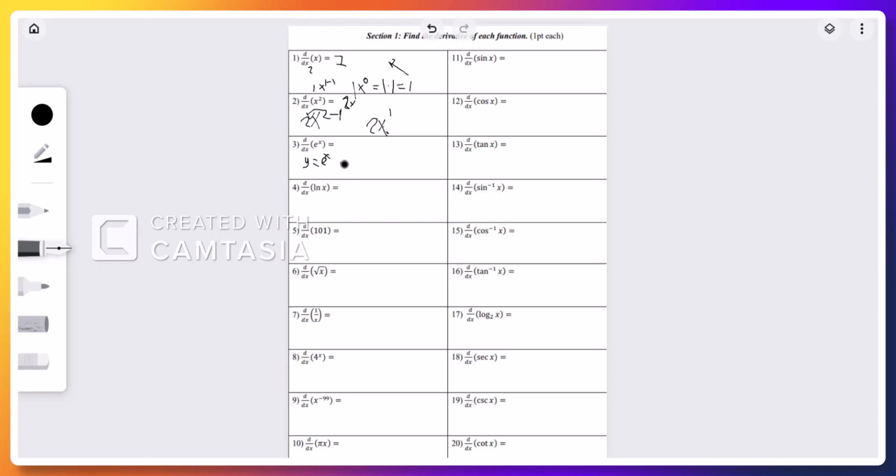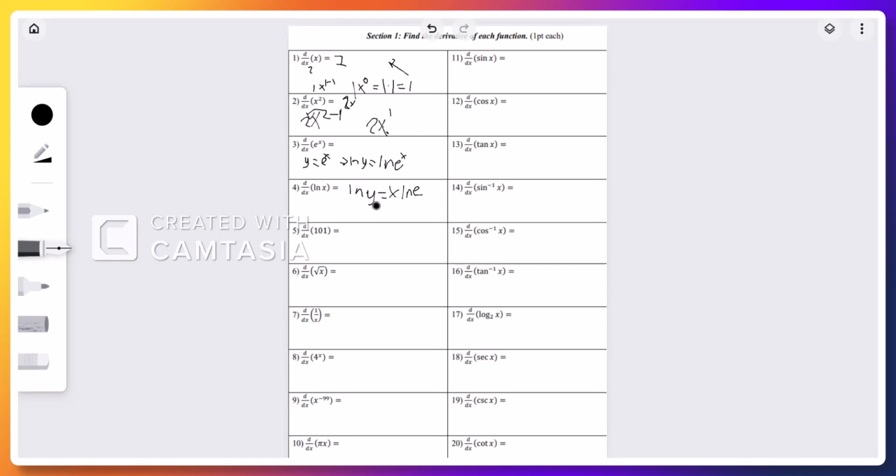So natural log of y equals natural log of e to the x. We're doing this to bring down the x. So natural log of y equals x natural log e. We just bring down the x.